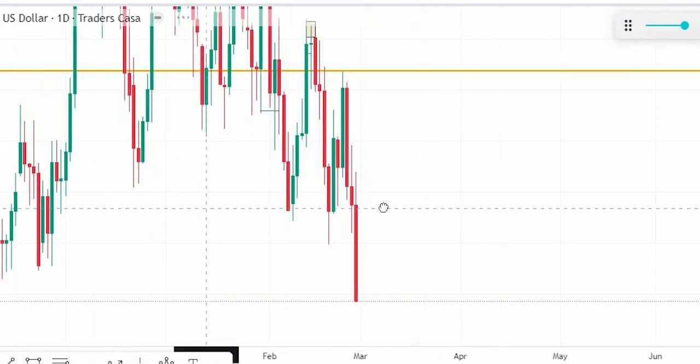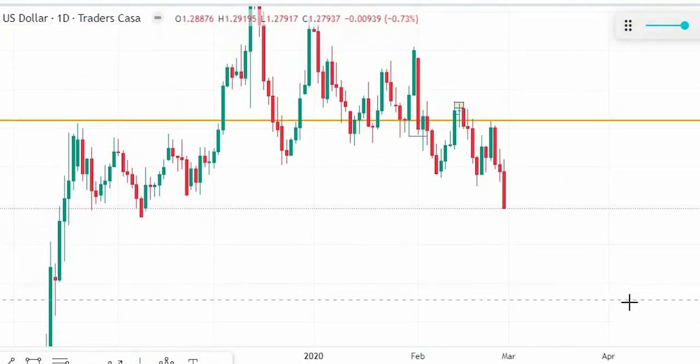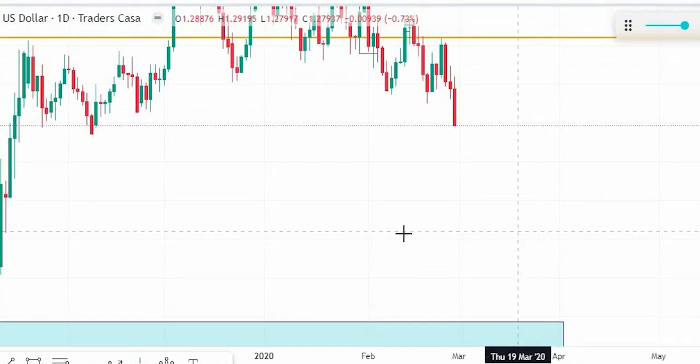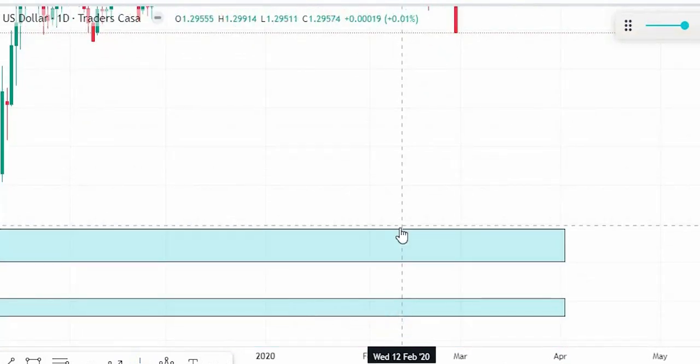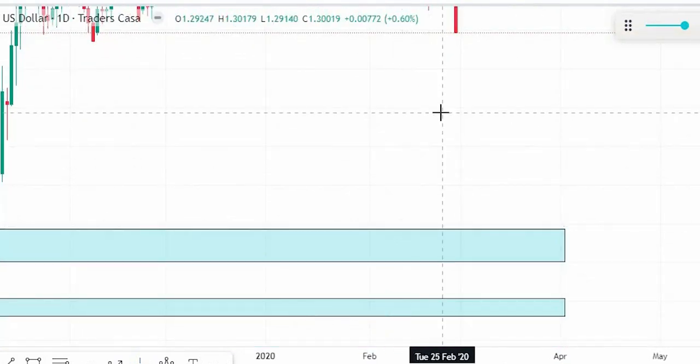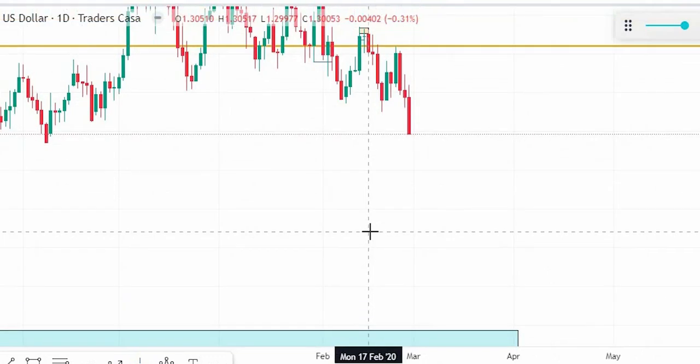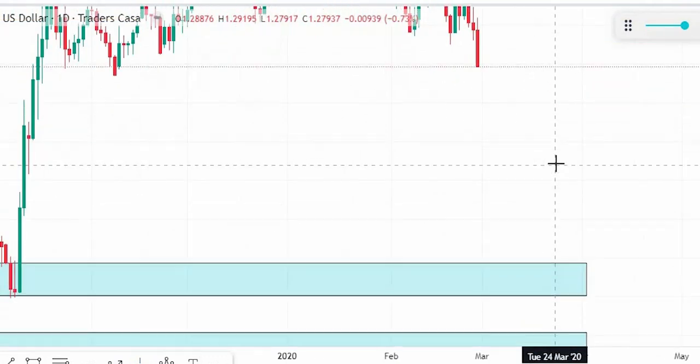And like I said, the only zone we will be interested in is this zone right here. The market has potential of coming to the zone. So any trade you want to be entering is going to be a set trade.